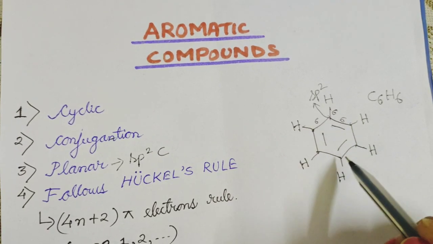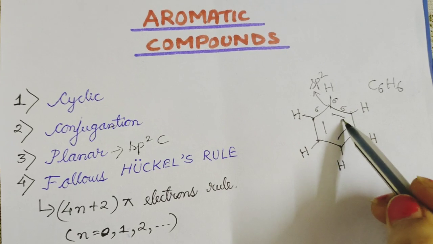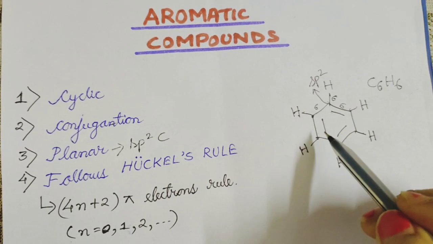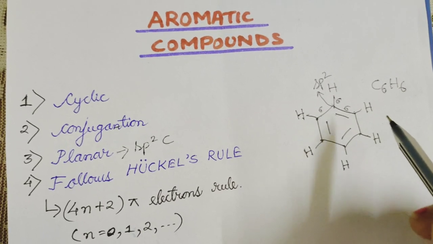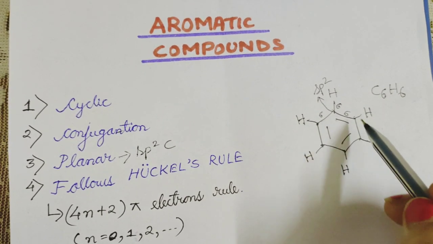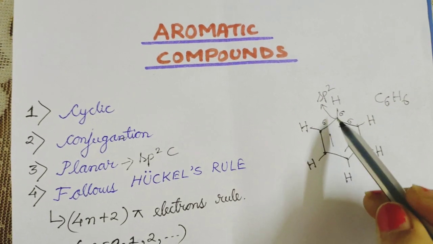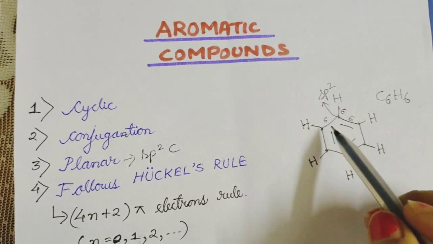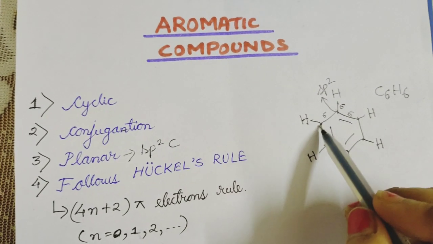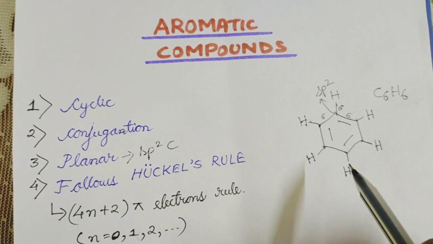All the 6 carbon atoms are sp2 hybridized, and pi bonds are not involved in hybridization. We don't include them in hybridization, we just count the sigma bonds. So all these carbons are sp2 hybridized.